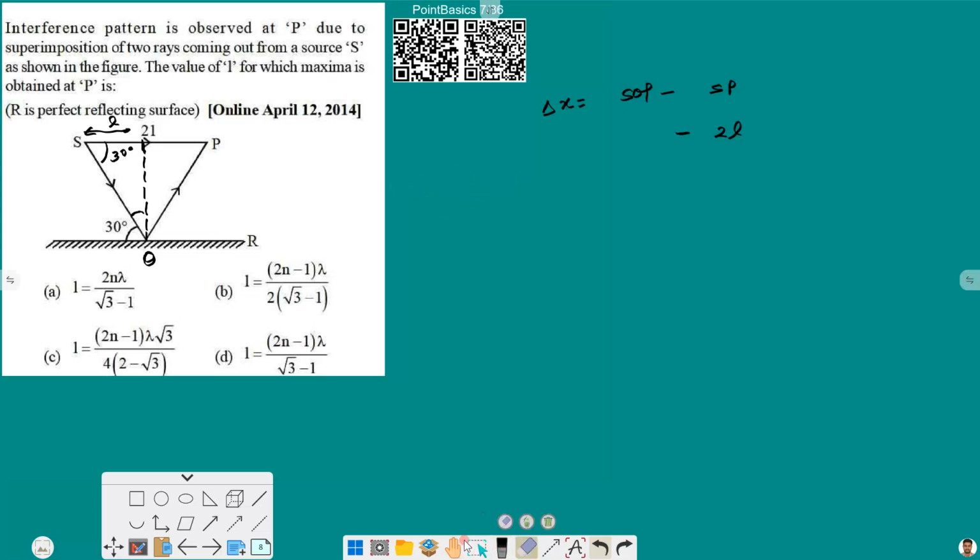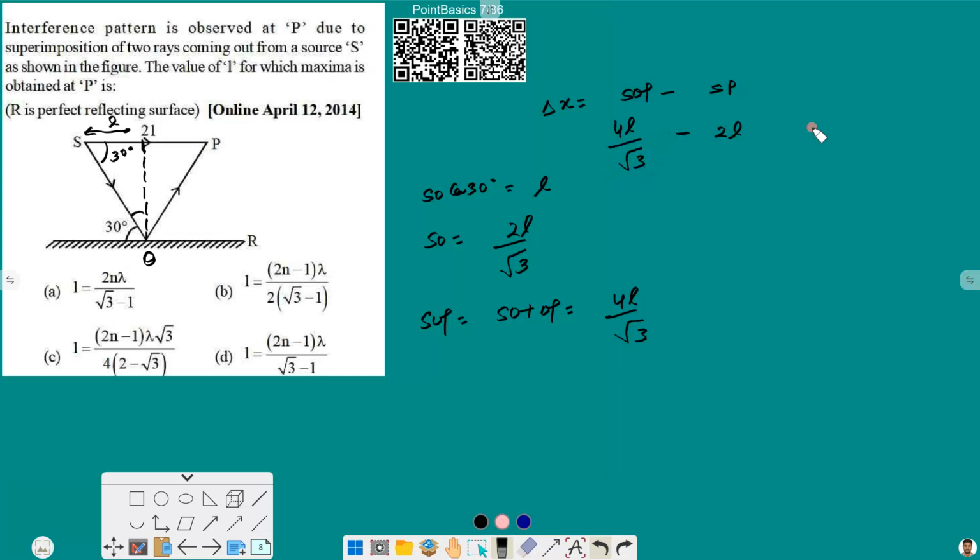SO is the hypotenuse, so we can say that SO cos 30 is equal to L, because it is the longest side. So cos 30 is root 3 by 2. So from this, SO will be equal to 2L by root 3. And OP is also equal to SO. So SOP will be basically twice SO, that is 4L by root 3.